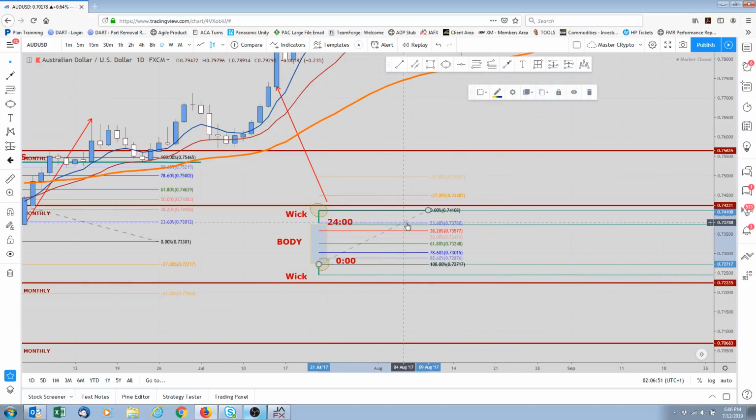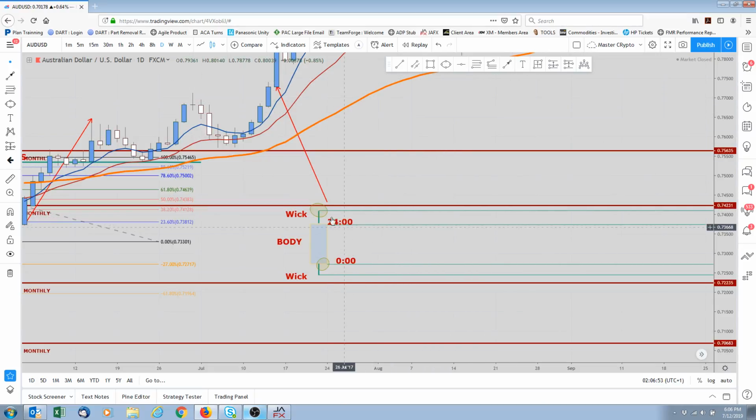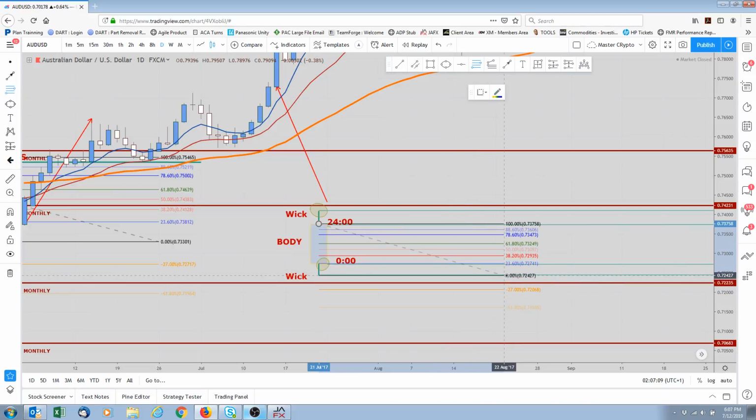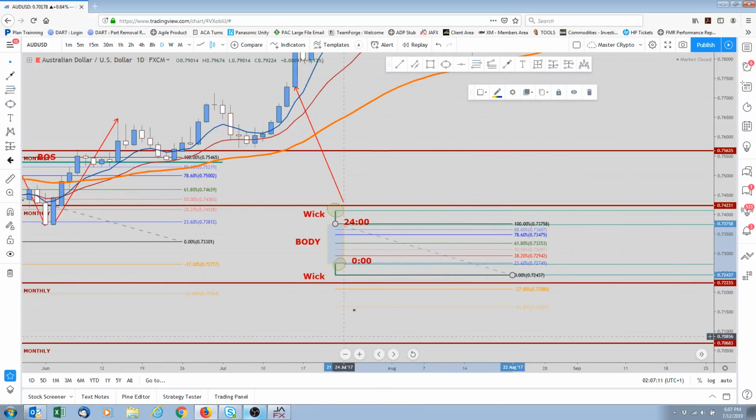And then in a downtrend, I do kind of the same. I go from the body to the wick, right about there.